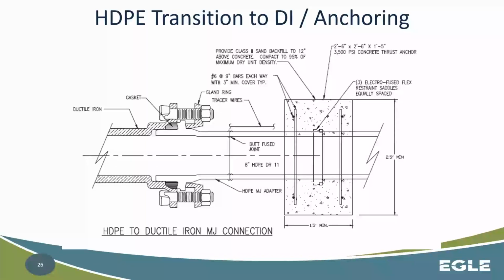The mechanical joint adapter essentially here is, and again, we'll talk about this in more detail, basically just holding this gasket in place. Okay, so going from bell and spigot end, obviously you can't thermally weld plastic to ductile iron, so you have to have this connector piece here, this adapter, and then have it mechanically restrained to keep that joint together, keep that gasket in place. Okay.